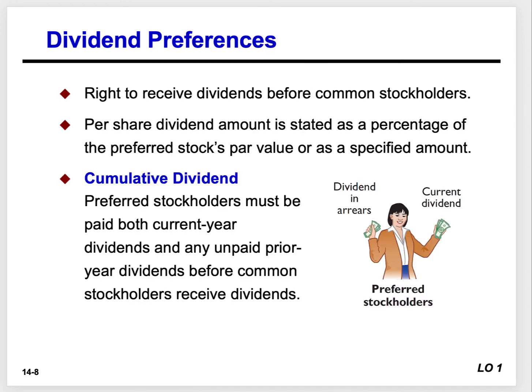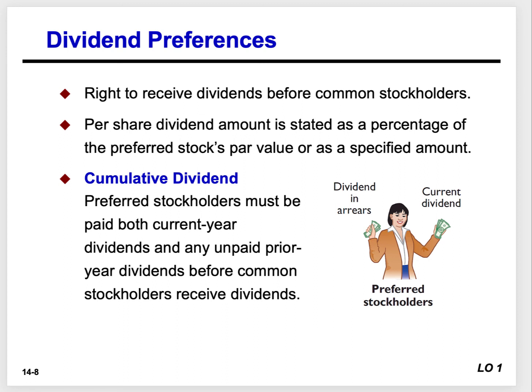Okay? We went through dividend preferences and talked about preferred shares. Preferred shareholders. We know what dividend preferences are. It's the right to receive dividends before any common shareholders. We know how we report these preferred dividends. The per share dividend amount is going to be stated as a percentage of the preferred stock par value or a specified amount.